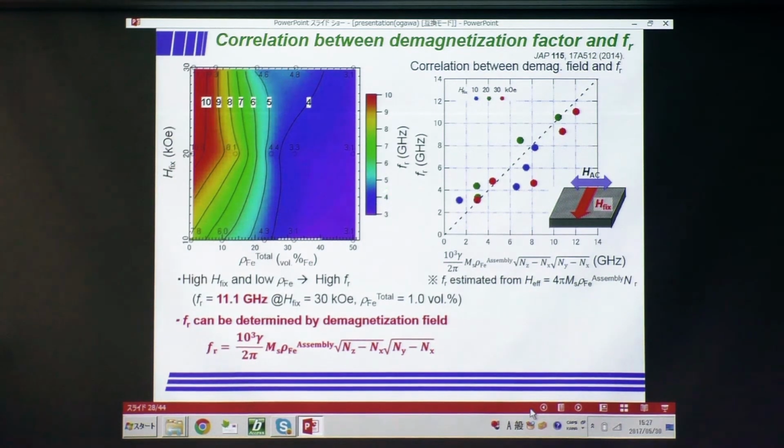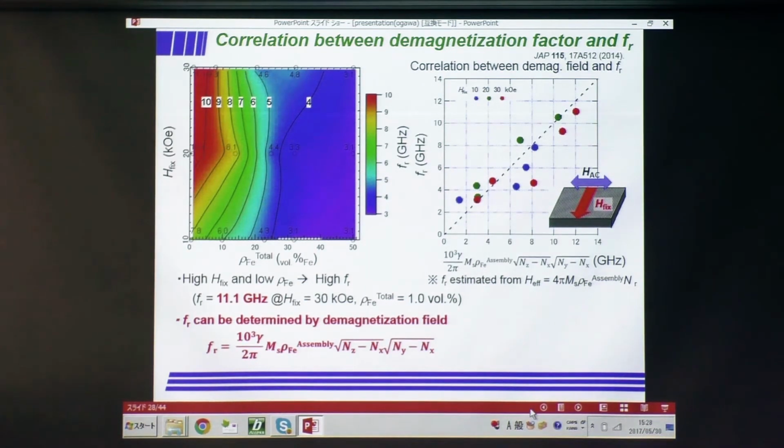The color changes as a function of FR, from 3 gigahertz to 10 gigahertz. High H-fix and lower concentration can realize FR, for example, 11.1 gigahertz at H-fix equal to 30 kilo-oersted and a volume fraction of 1%.